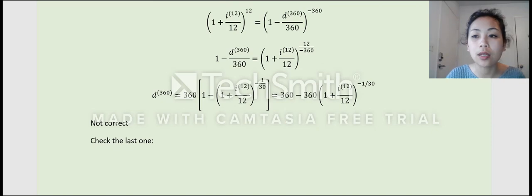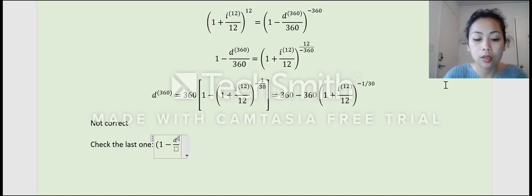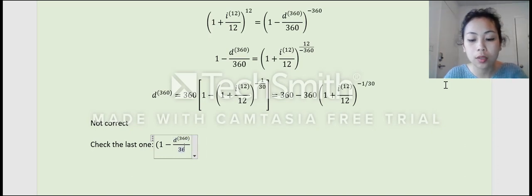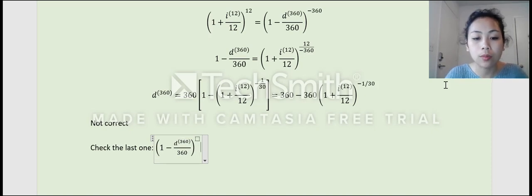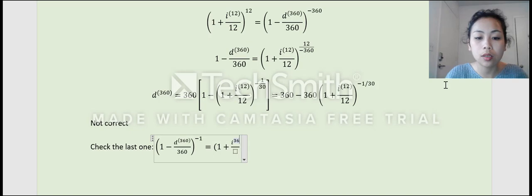So we have a formula that is 1 minus d^(360) over 360 raised to negative 1 equal to 1 plus i^(360) over 360, the whole thing raised to the power 1.